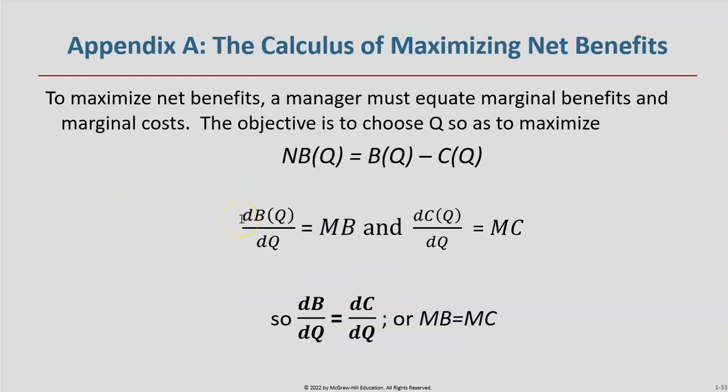The notation for a derivative is dB/dQ. The first derivative of the total cost function is dC/dQ, and that's the marginal cost curve. So when dB/dQ is equal to dC/dQ, or marginal benefit is equal to marginal cost, then net benefits are maximized.